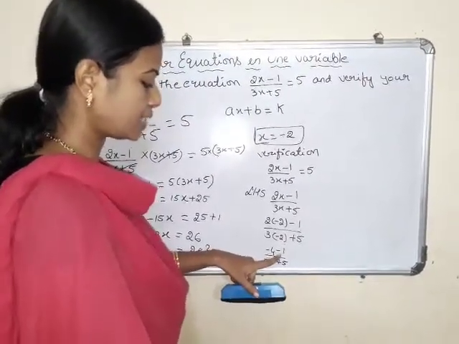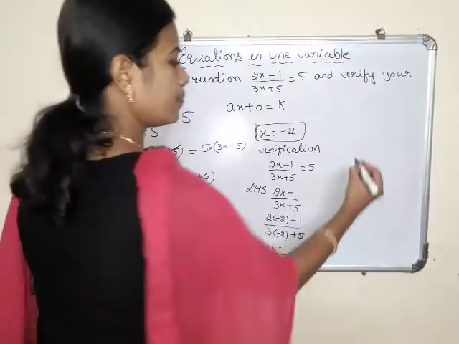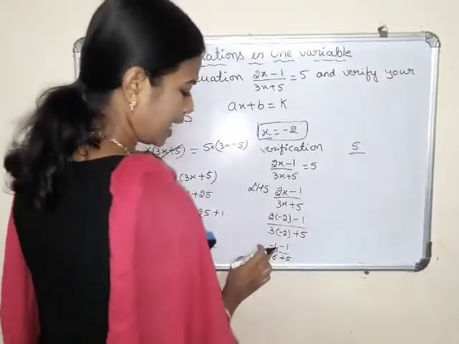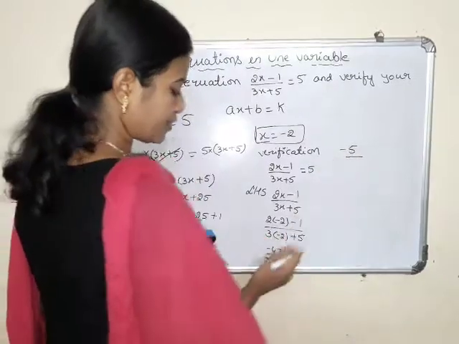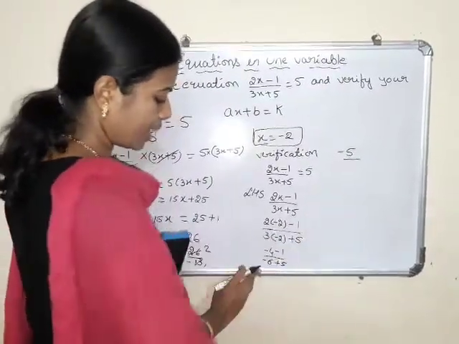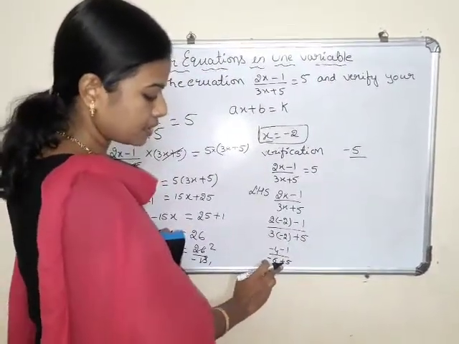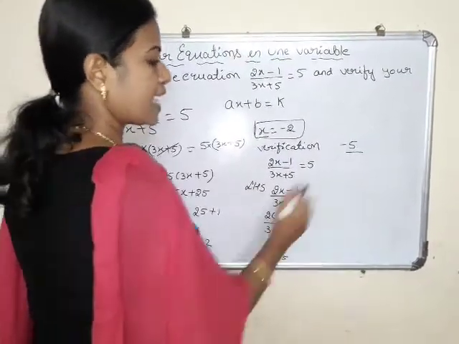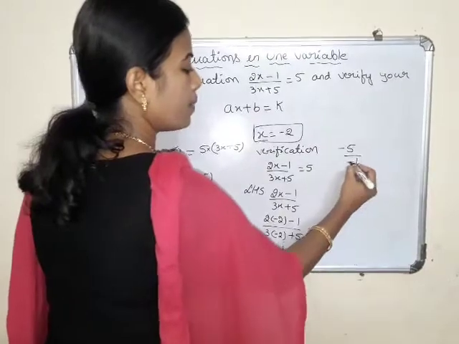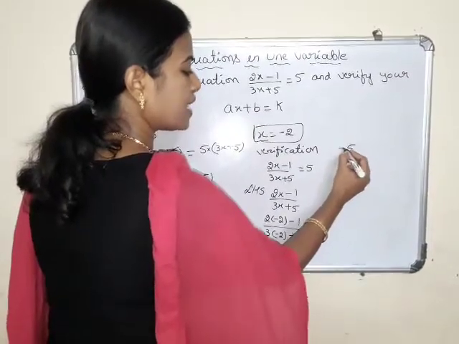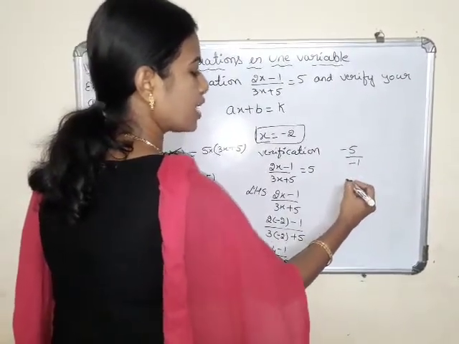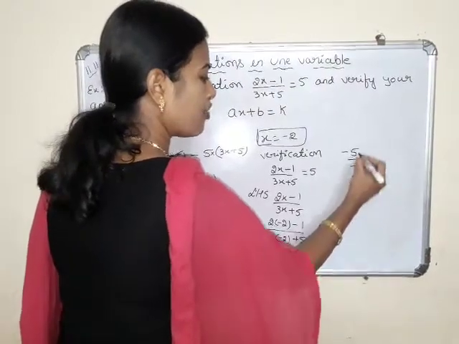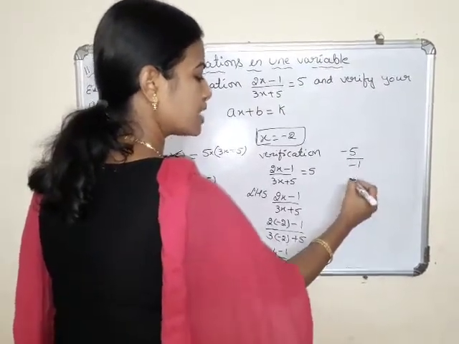Minus into minus, plus 4 plus 1, 5. Greater number sign minus. Minus 5 in the numerator divided by minus 6 plus 5, which is minus 1. Here minus into minus divided by minus is going to convert as plus. 5 by 1, the value remains 5.